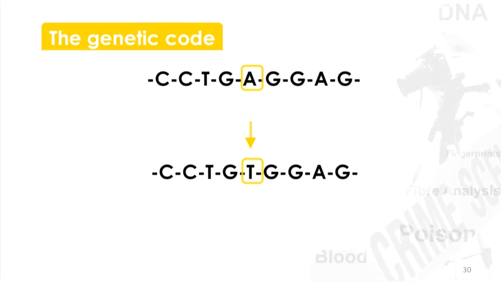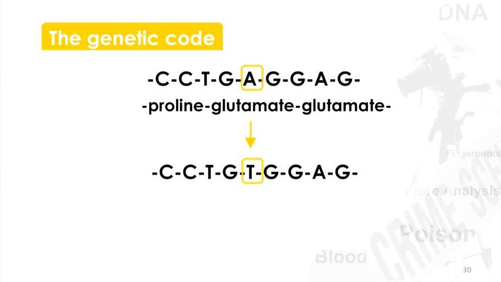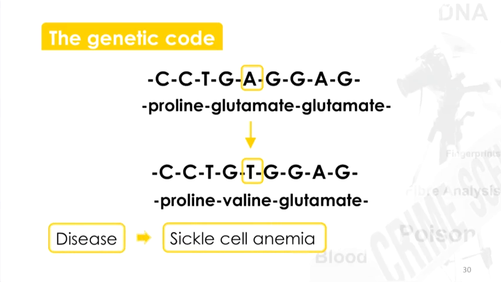This then no longer codes for proline glutamate glutamate, it actually codes for proline valine glutamate. So the protein structure is different, and if you have a valine in that position, then you're going to have a disease called sickle cell anemia. And this is how errors in the coding sequence give rise to genetic diseases.